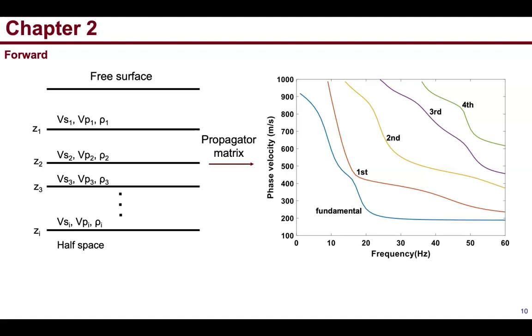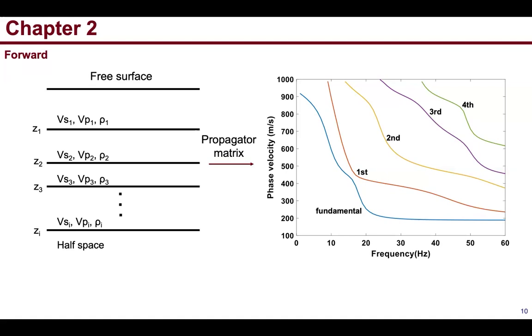For the flat layer, after you multiply all the propagation matrices together and calculate the determinant, you will find that it is a polynomial. But only part of the roots can be regarded as physical, because some of the roots are imaginary or the velocity is faster than the absolute velocity. So that part of the roots needs to be removed. So it depends on the number of variables and the number of boundary conditions, really.